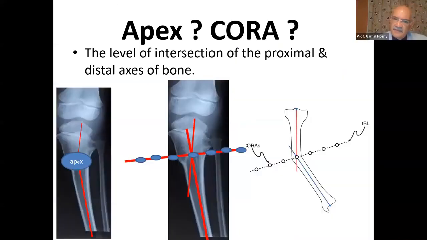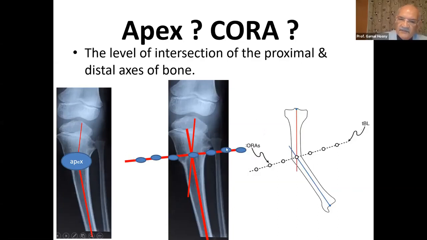Again, the apex of the deformity, the CORA, is at the level of intersection of the proximal and the distal axis of the bone. This is the apex of the deformity. If you draw the proximal anatomical axis and distal anatomical axis, they meet each other in the middle, and we draw the transverse bisector line.